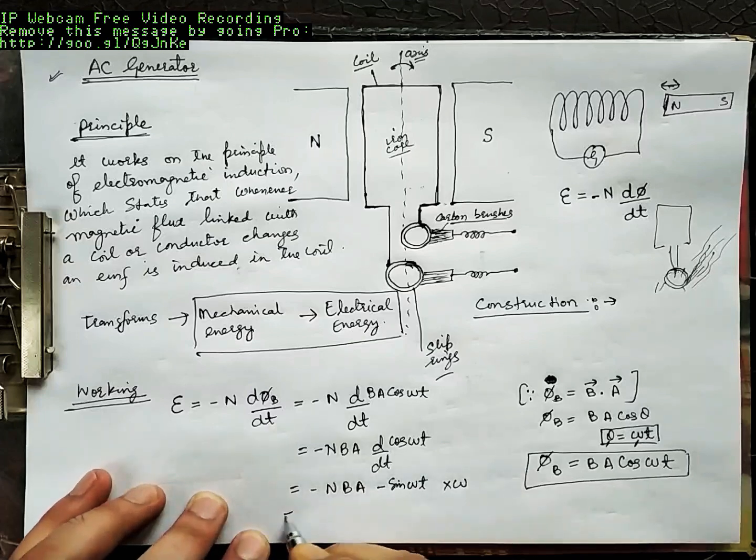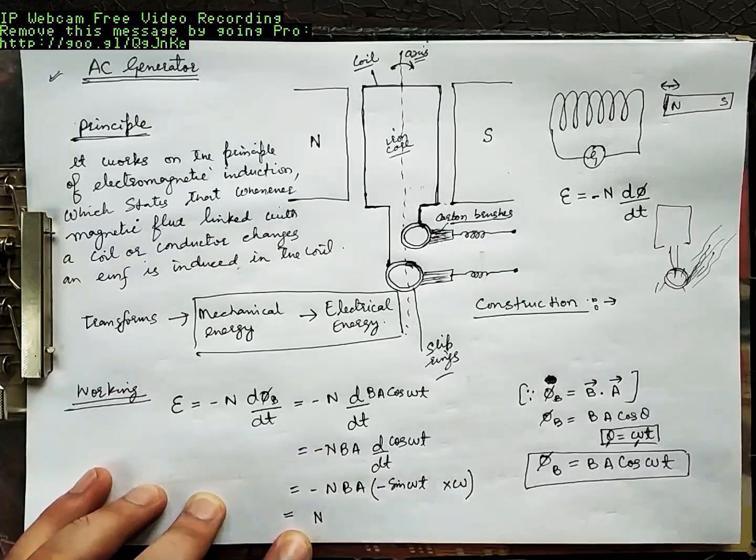So minus minus will become plus. This becomes N A B omega sine of omega t.